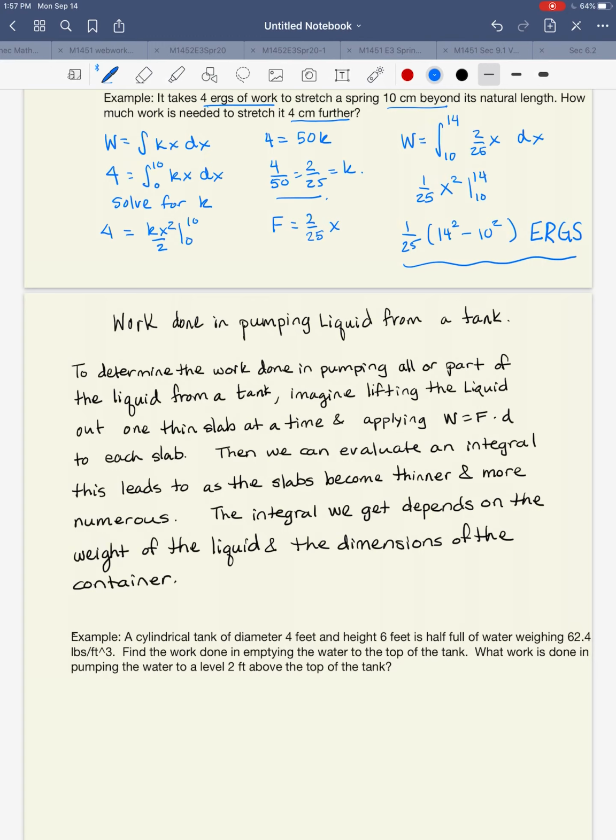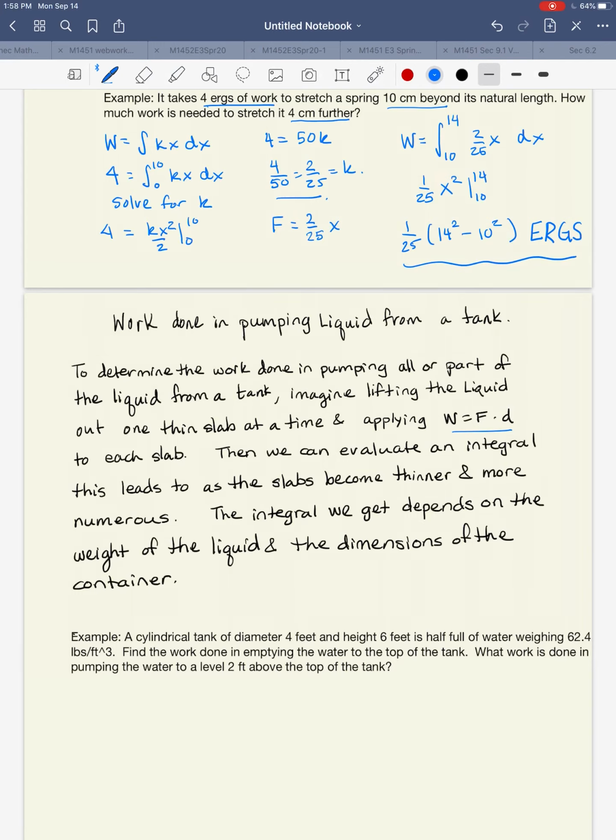If we know the density of this liquid in pounds per cubic feet and multiply by the volume of that particular slice in cubic feet, then we can get the number of pounds to move that slice. Then we move it one slice at a time, and we can set up an integral that does this for us over the entire depth of the water.